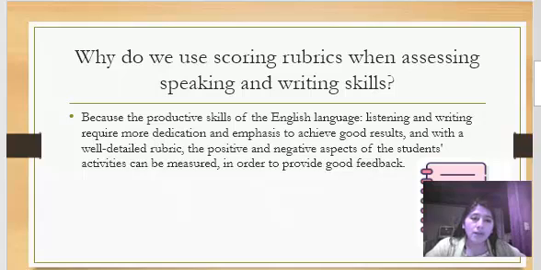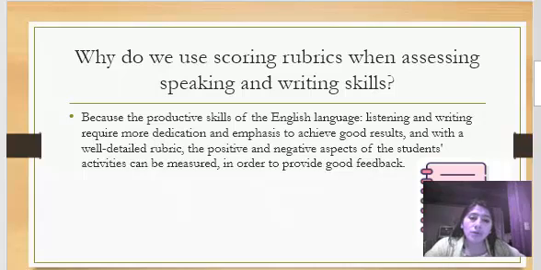Through the rubrics, we can also identify the successes to repeat them and the errors to avoid them. And when the students have the ability to, they can change and improve in the performance of the different activities, and in this way their productive skills can improve.